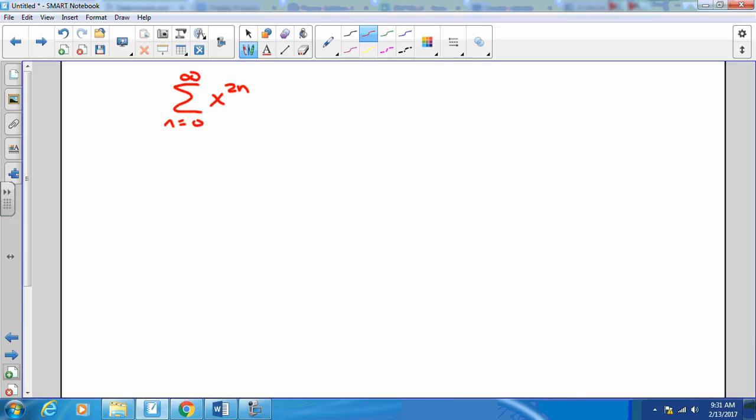When I look at this series, at first I think, oh, it's not in the power series form. And you're right, it's not exactly in the power series form. But if I unroll it, I observe that it can be placed in the power series form. If I write the first 3 terms, then I observe that I have a geometric series whose first term is 1 and whose common ratio is x squared.